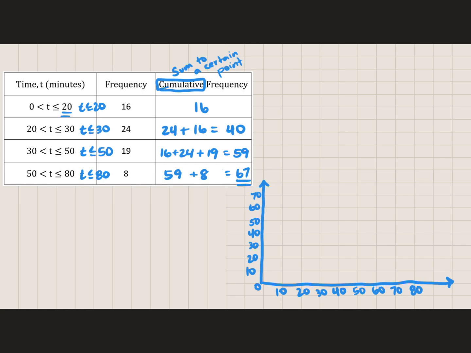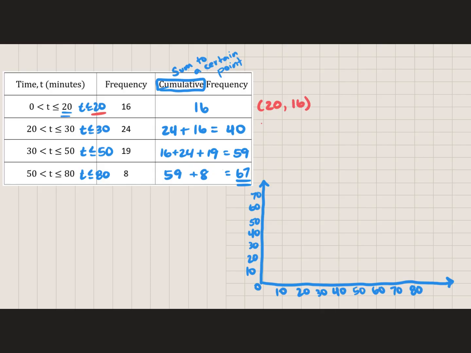Now, what we also can do is turn this into a curve that we can actually use to find different percentiles in our data set. And we'll show on the next page how to get those percentiles. For this first one, I just kind of want to go through how you graph this. And what we do is we take that upper boundary as our x coordinate for our coordinate point, and we take that cumulative frequency as our y value.